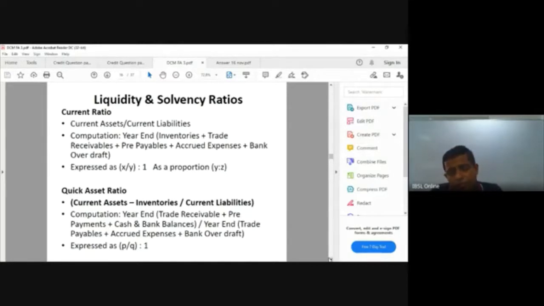But take land. Land will take some time to convert into cash. You can convert it into cash at a lower price, but that is not under the definition of liquidity. Liquidity is specifically defined under normal circumstances, right?